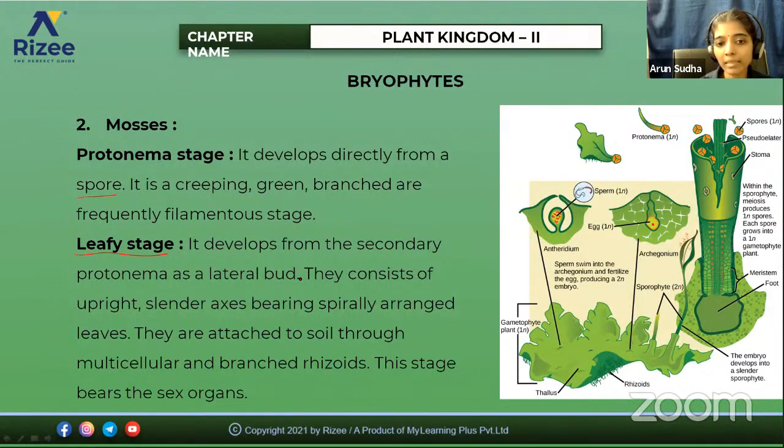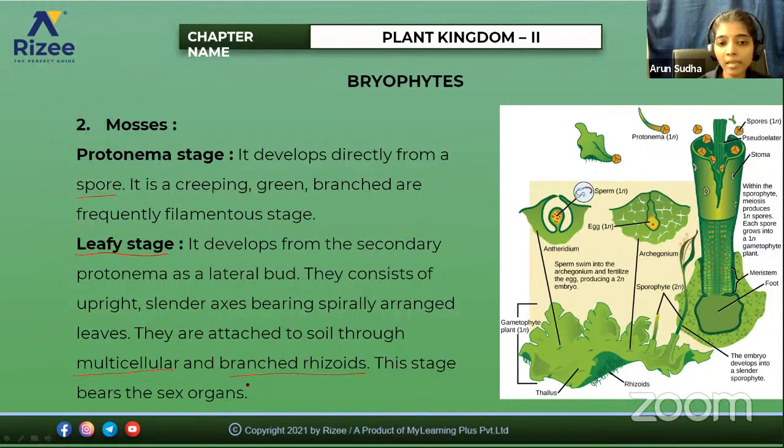So next is the leafy stage, and it consists of an upright slender axis bearing spirally arranged leaves. So first is the protonema, which forms as a filament, and then it progresses to the leafy stage, and they are attached to the soil through multicellular and branched rhizoids. So this is one of the main differences here. So branched rhizoids are present, and at this stage they bear the sex organs.